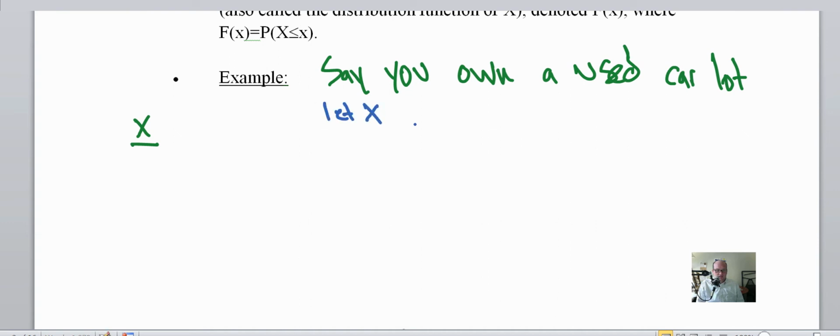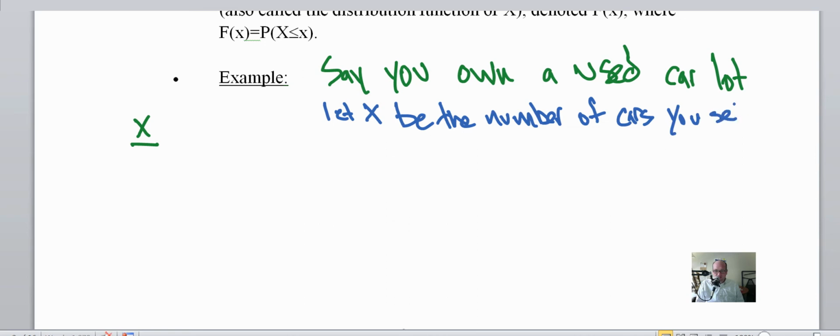Let X, a random variable, be the number of cars you sell in a day. It's countable, so it's discrete.